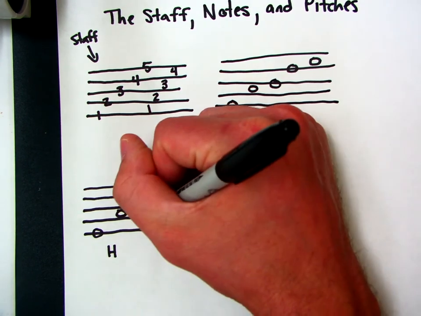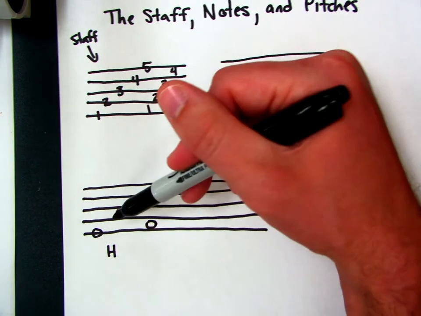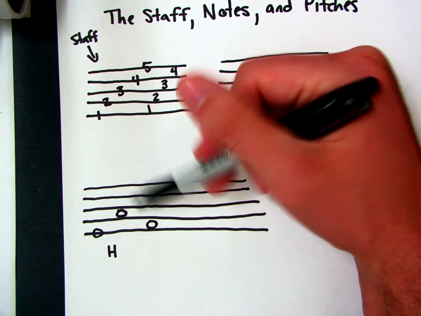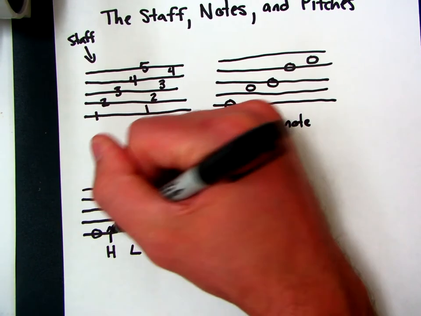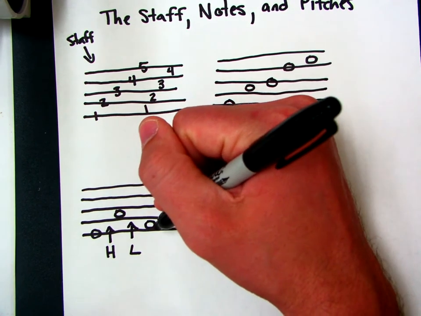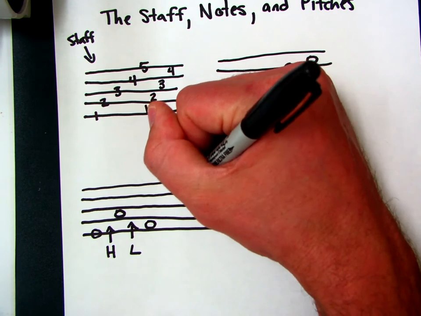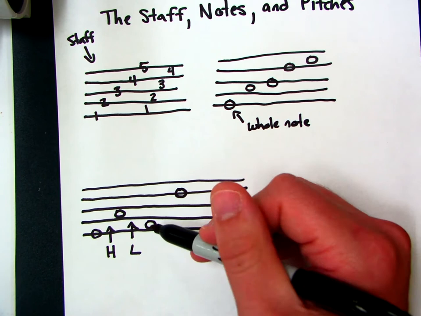If I write this note between note number 2 and note number 3, this one is lower, right? So between those two, the second one's higher. Between these two, the second one is lower. Make sense? So if I add a note up here, this note or this pitch sounds higher than this pitch.